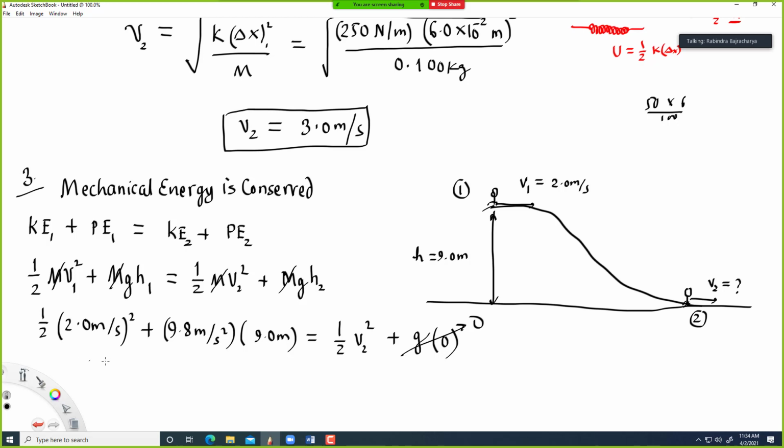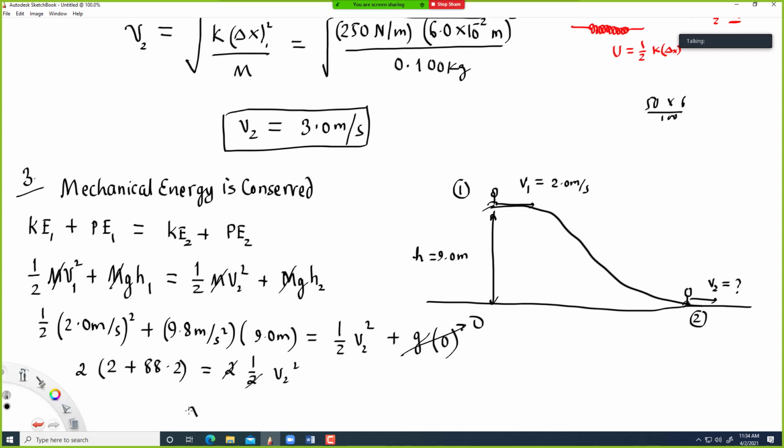So let's do the math. I want you to find v2. So this would be 2 squared, which gives you 2, plus 9.8 times 9. What's that? 88.2. That is equal to 1/2 v2 squared, and then multiply both sides by 2 to get rid of the 1/2.